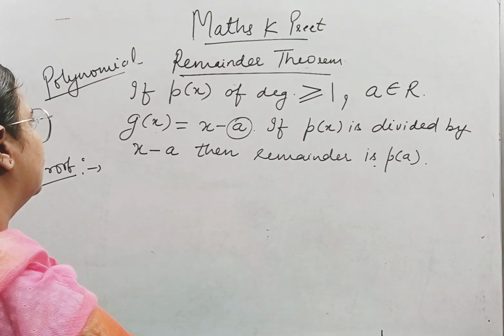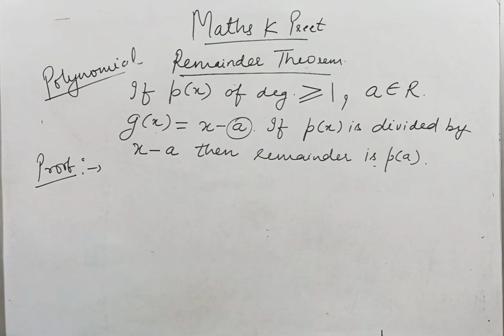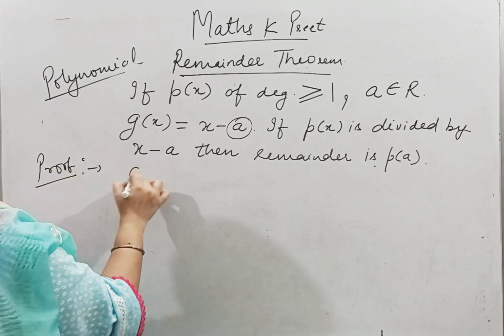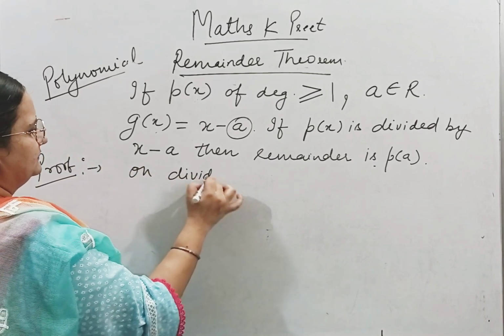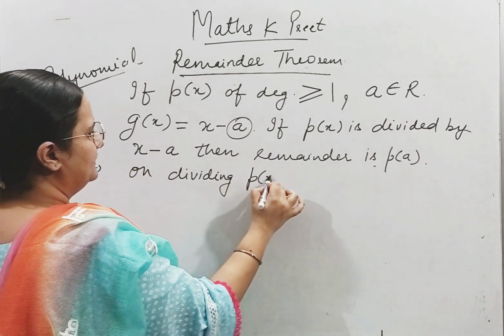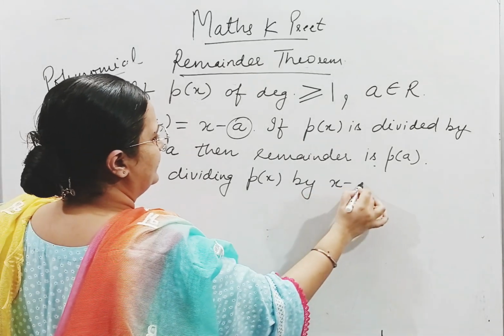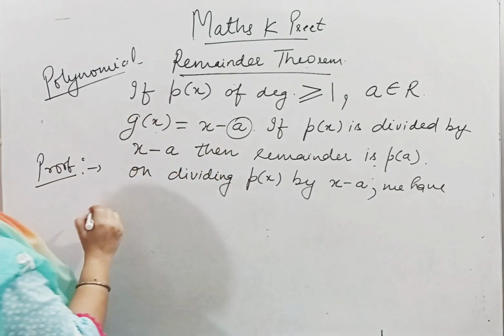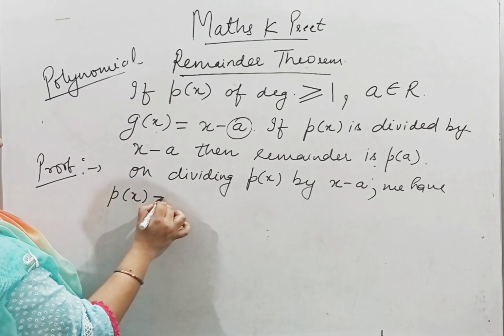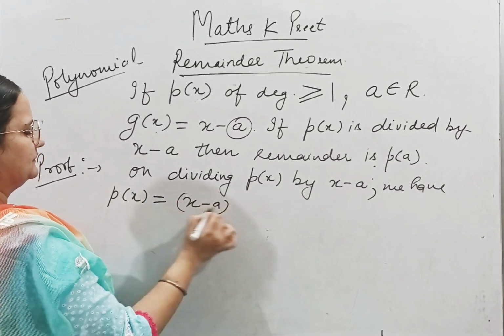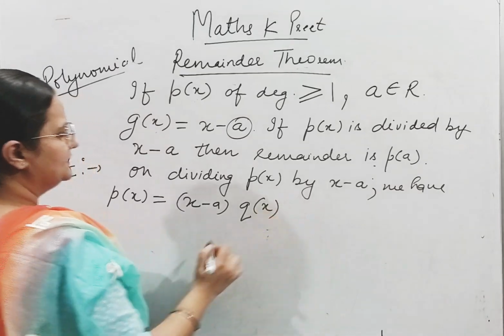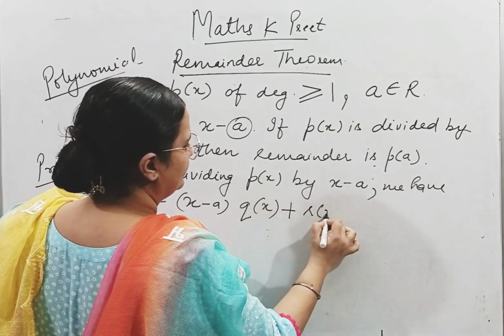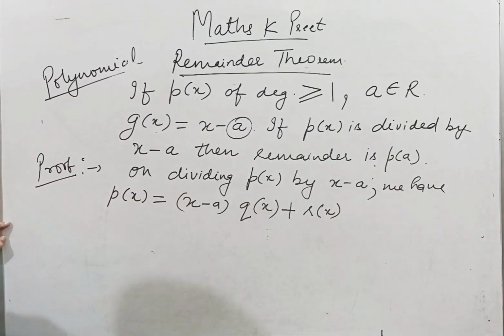So if p(x) is a polynomial of degree greater than or equal to 1, then on dividing p(x) by x minus a, we can write this dividend as the product of this divisor into some quotient, take it as q(x), plus some remainder, take it as r(x).